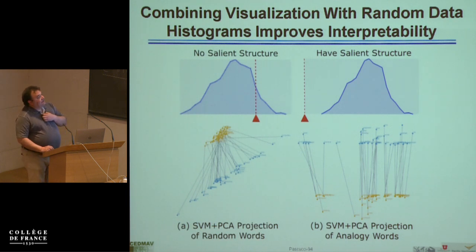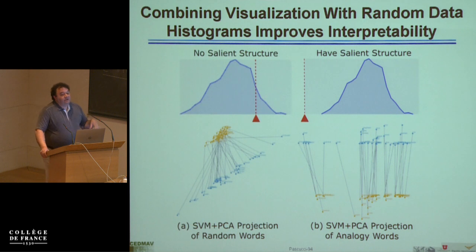So what we did is start looking at random data sets as a way to compare and measure how meaningful the visualization is. For each of those views, on the top, we're looking at, in this case, the distribution of the angles of those vectors. For a meaningful data set like the one on the right, the triangle marks the mean of the distribution, compared to the histogram of the random data.